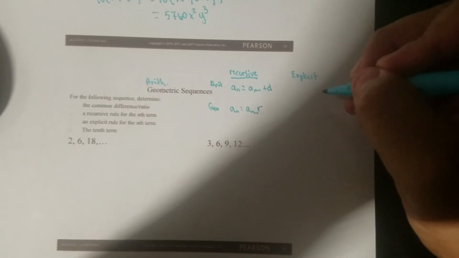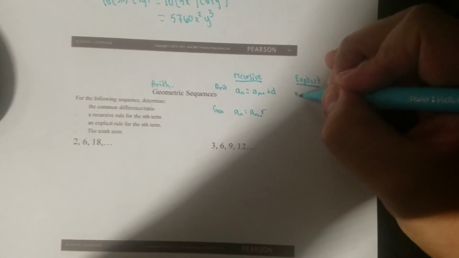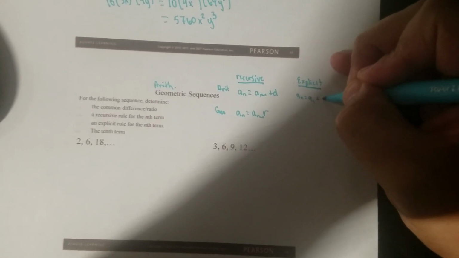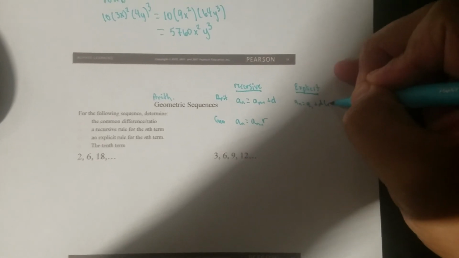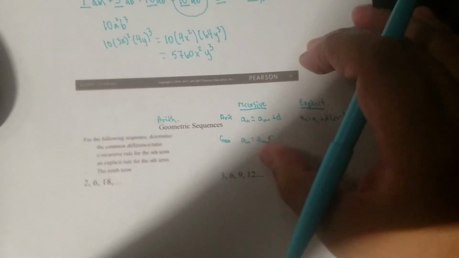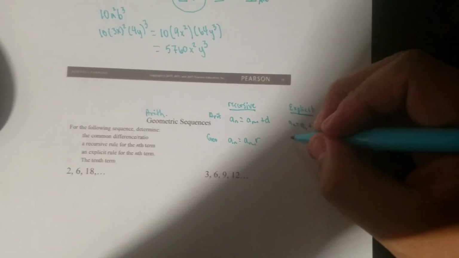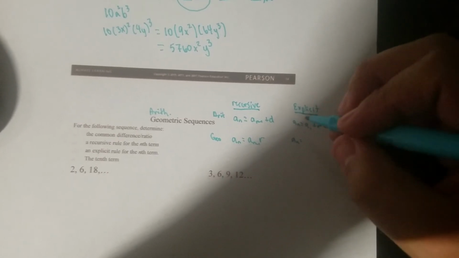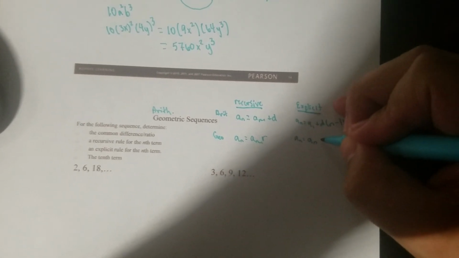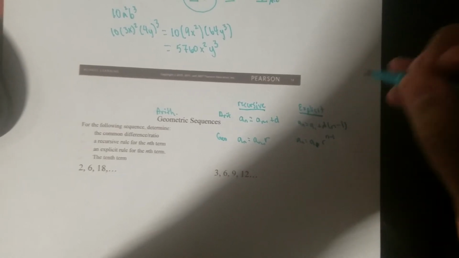The explicit, which is the one that we're going to be using a little bit more, is a sub n equals a1 plus d times n minus 1. And this one here is a1 times r to the n minus 1 power.